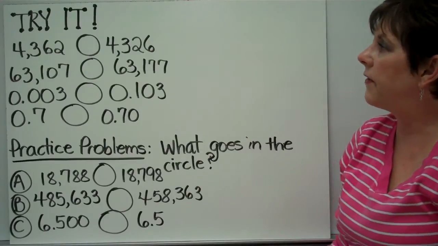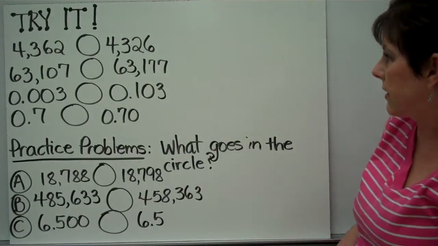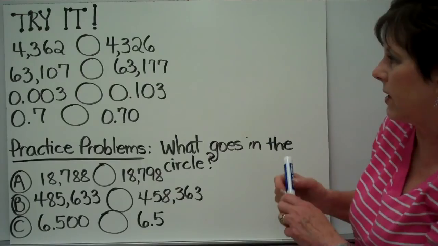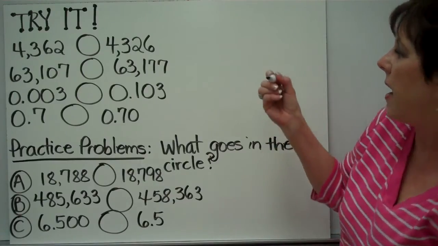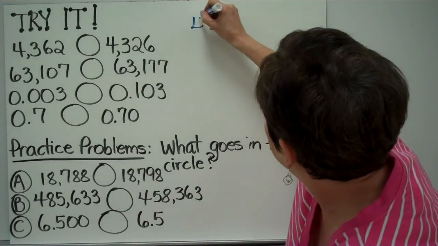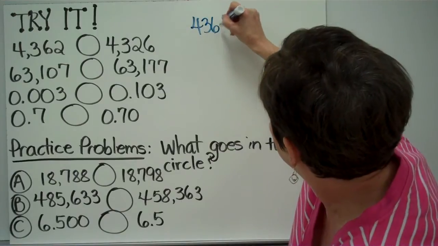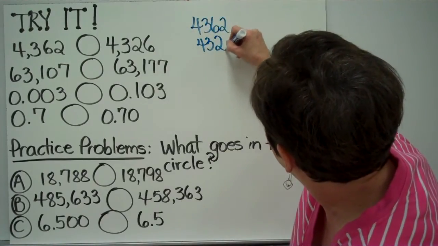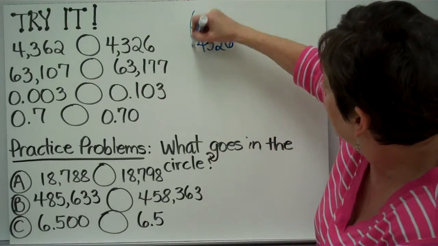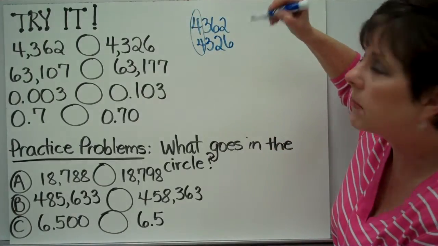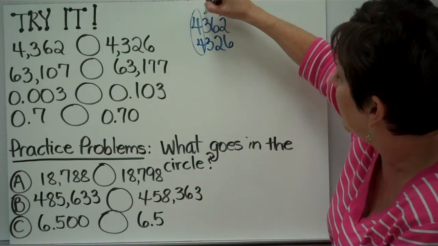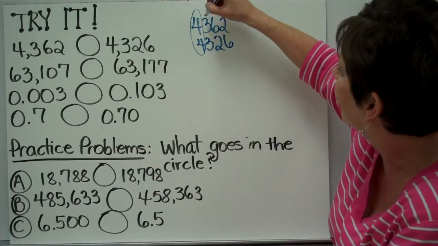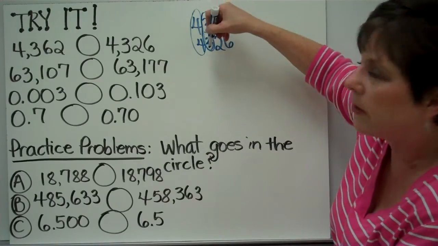Here we have, in the first one, 4,362 and 4,326. If we stack them, we know here these are both 4. Okay, got to move to the next place value. These are both 3.